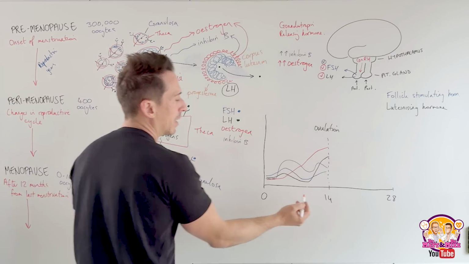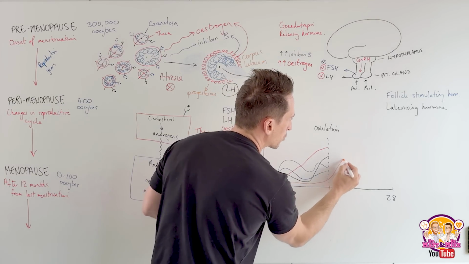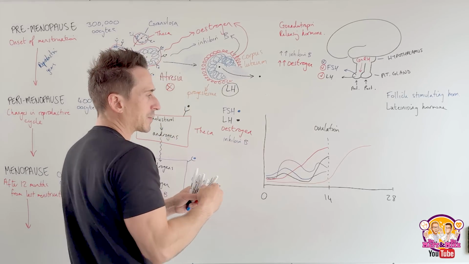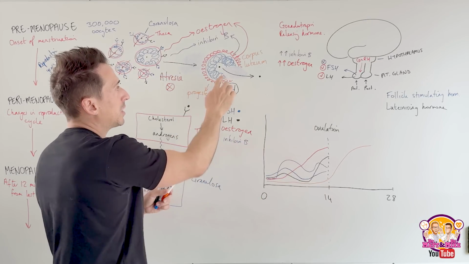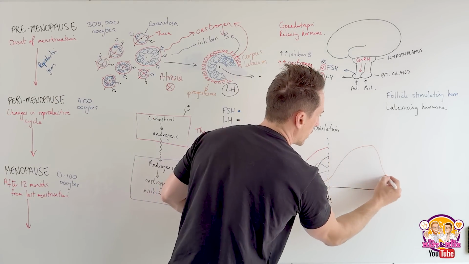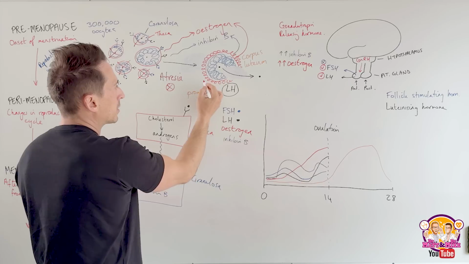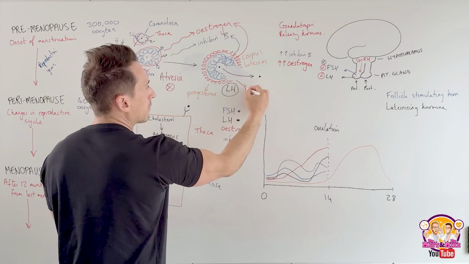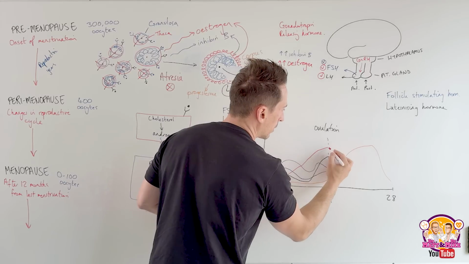And this is why after day 14, you've got low levels of progesterone, but then the progesterone levels start to go up and last for around about 10 days. If there's no fertilization and implantation, this thing dies off, no more progesterone, and the progesterone levels will then drop off. Estrogen is also produced by this corpus luteum, so we also get estrogen levels.